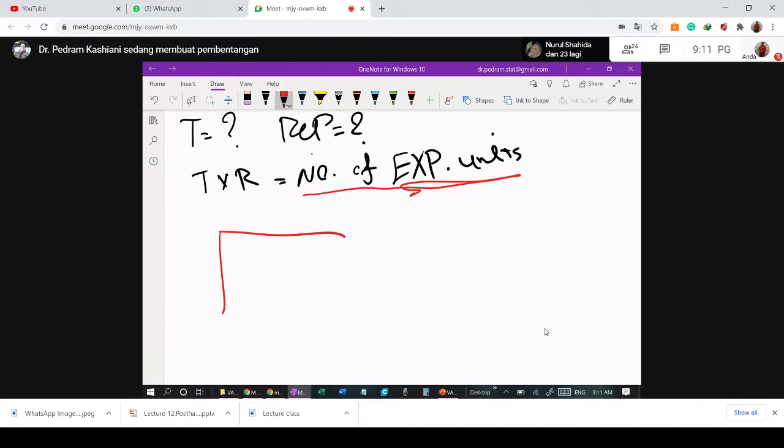and we said that, for example, this is our experimental area, and there is a kind of variation from here to here.